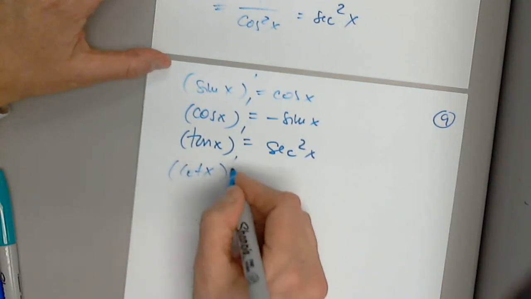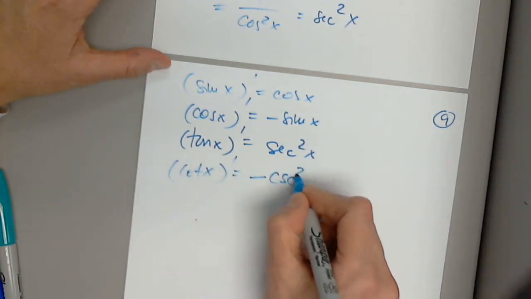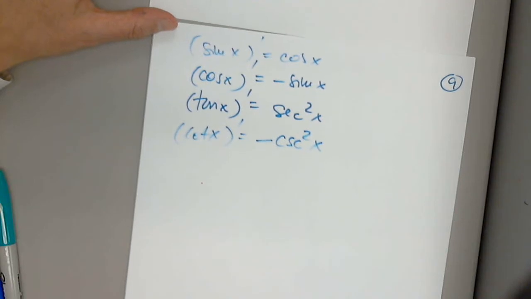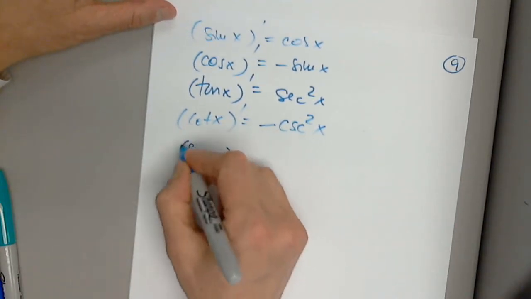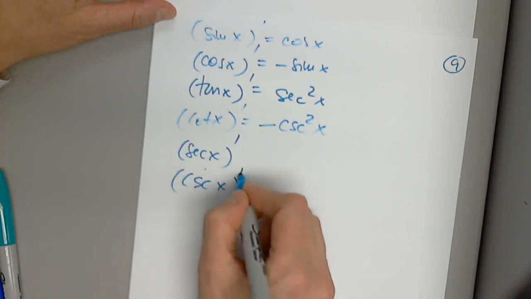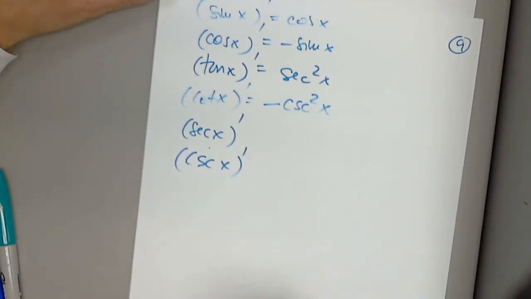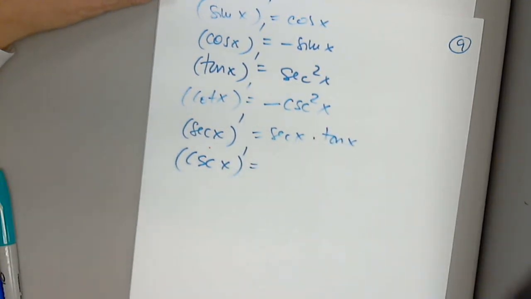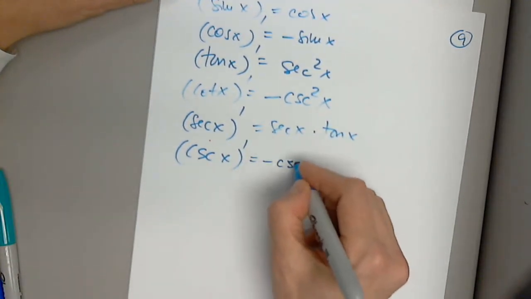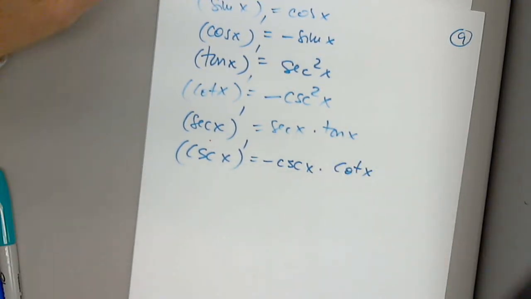Cotangent prime is negative cosecant squared x. And we do have, of course, secant prime and cosecant prime. Secant prime is secant tangent. And of course, cosecant will be negative cosecant cotangent.